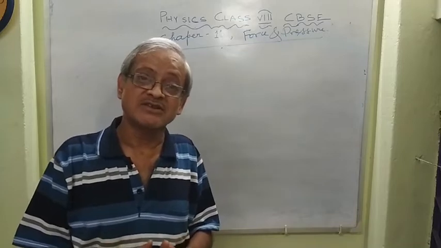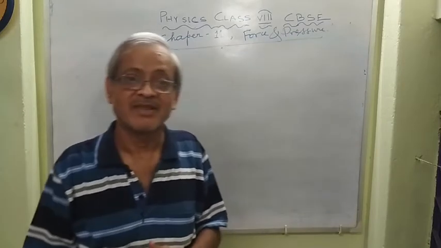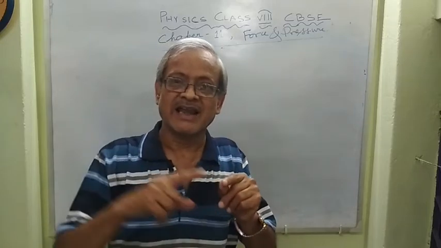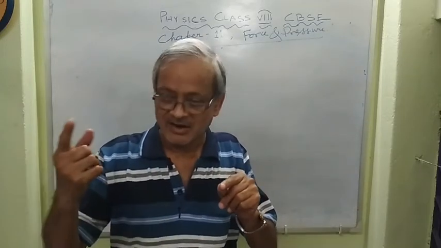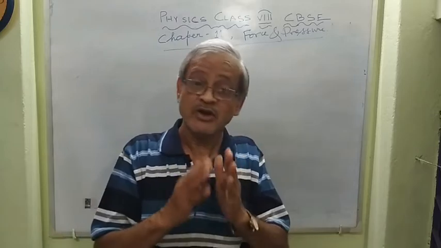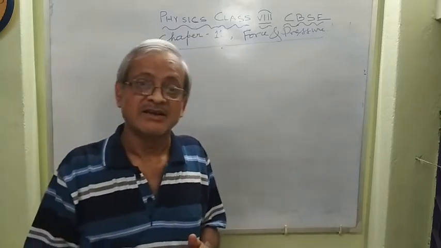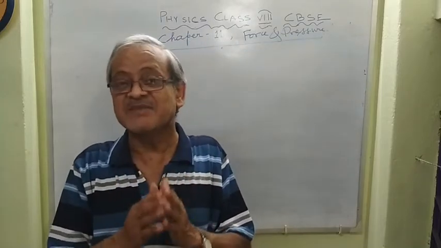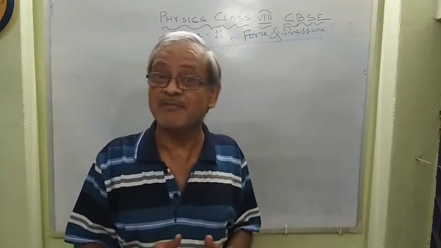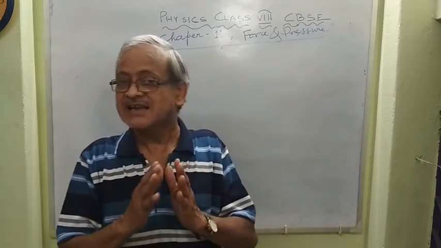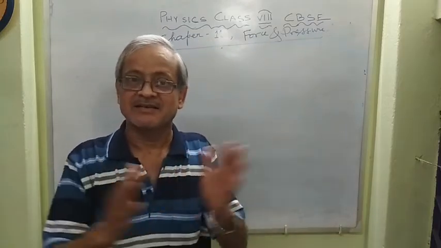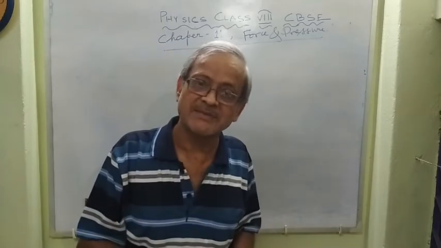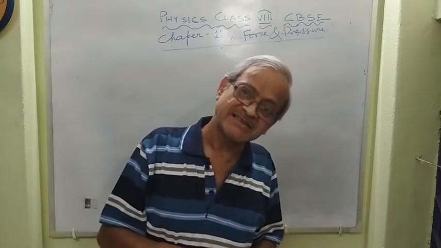Now, electrostatic forces are the forces acting between two charged particles, or between one charged particle and another uncharged conductor. We know that in the case of two charges, like charges repel each other. This is the principle of electrostatics: like charges repel each other and unlike charges attract each other. Charges are of two types, positive and negative.